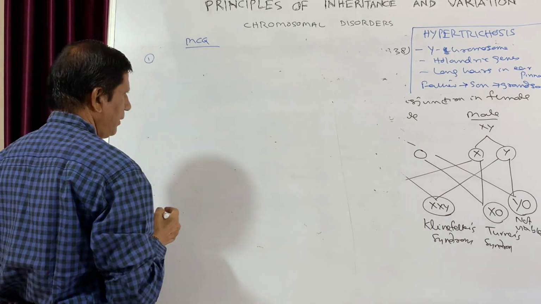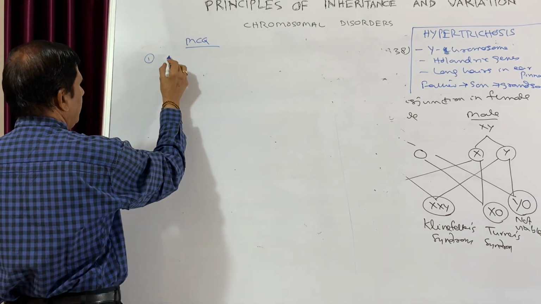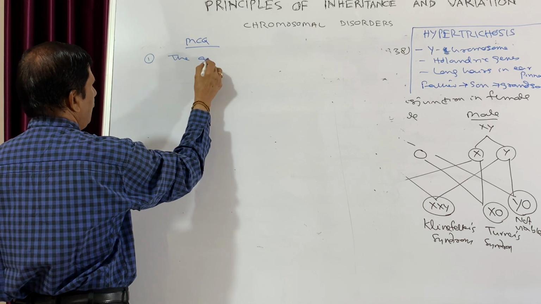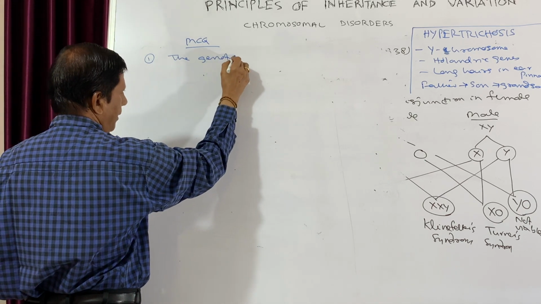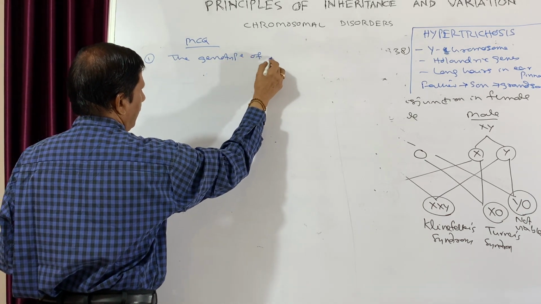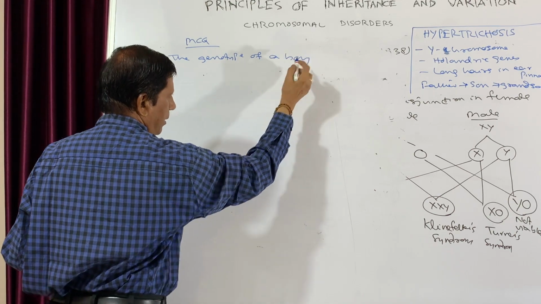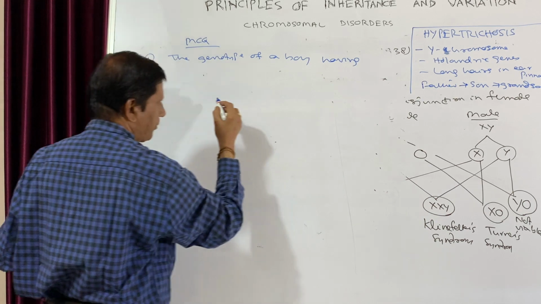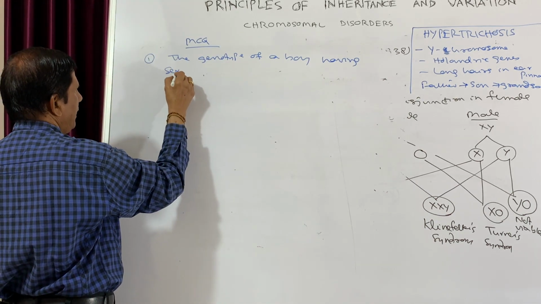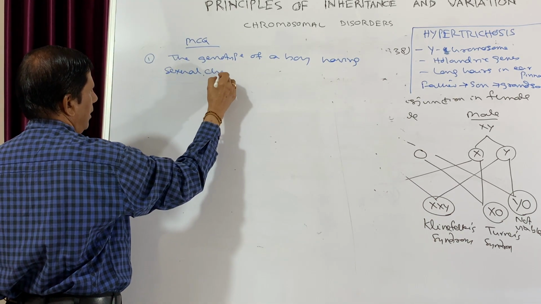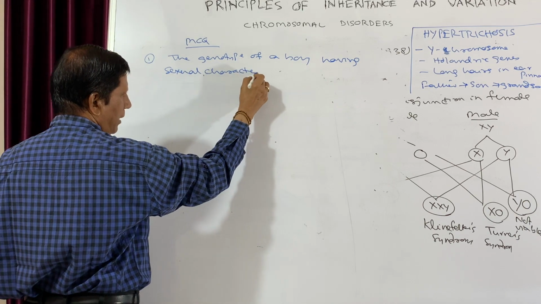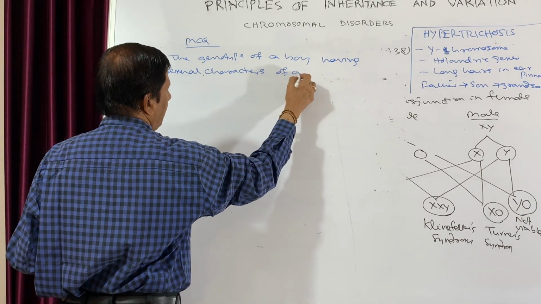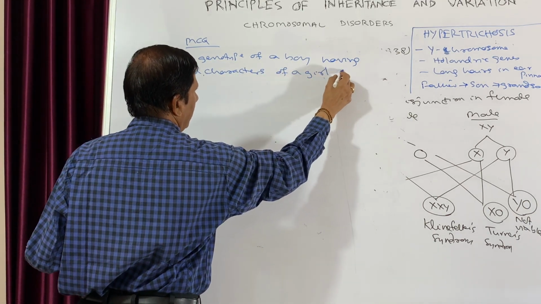So one MCQ we can write: the genotype of a boy having sexual characters of a girl is?